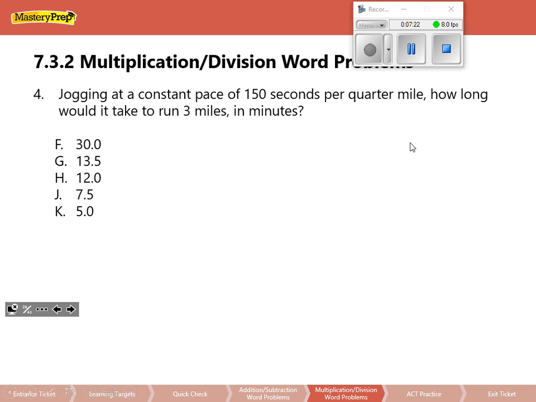Jogging at a constant pace of 150 seconds per quarter mile, how long would it take to run 3 miles?